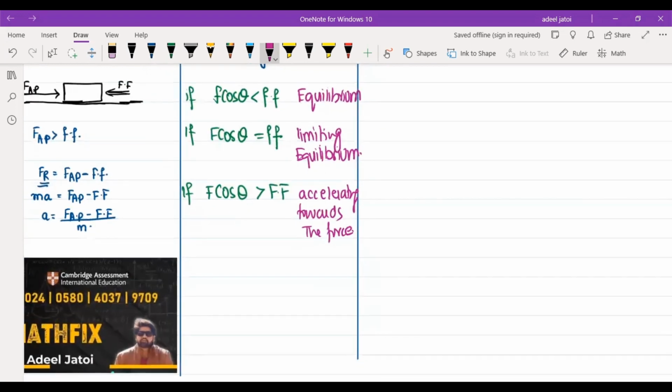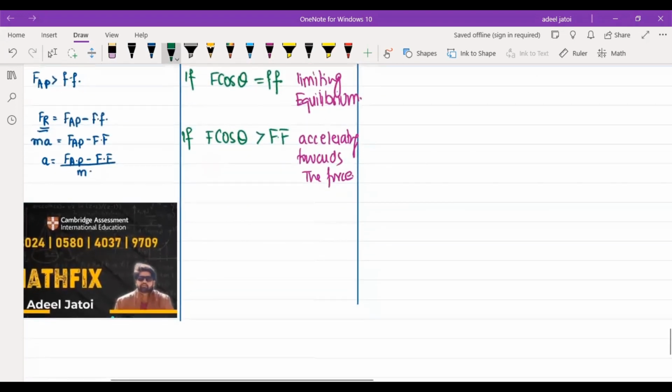So what we need to understand is, your resultant force is F cos theta minus the frictional force. So this is your MA. So F cos theta minus frictional force.